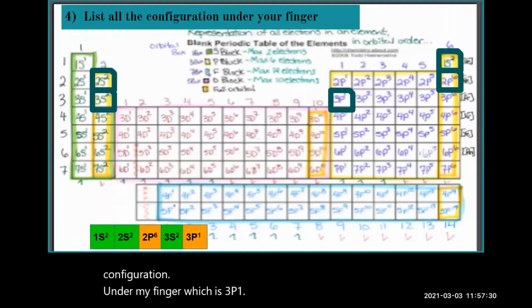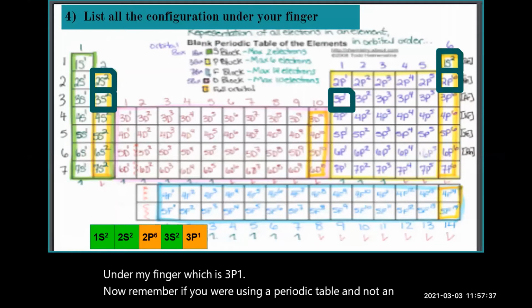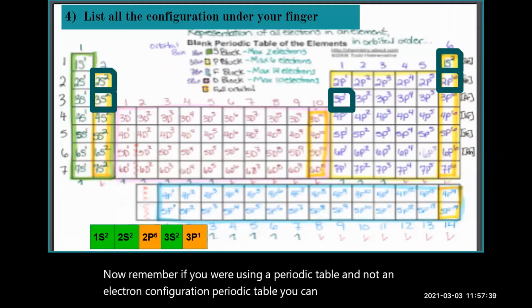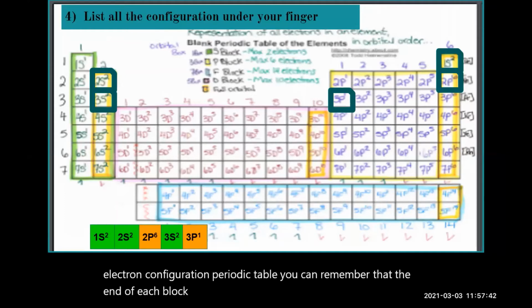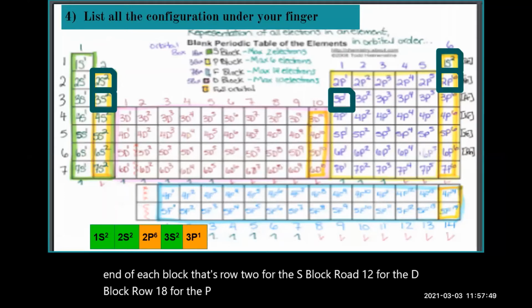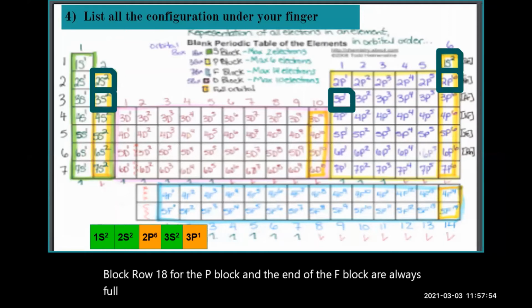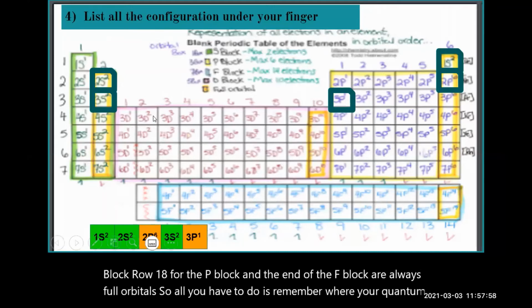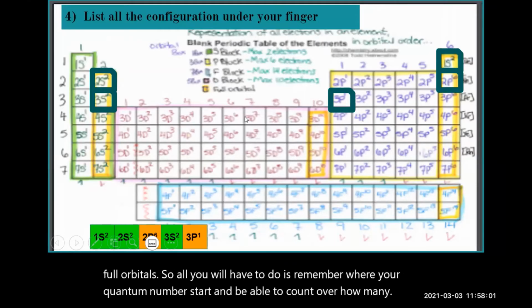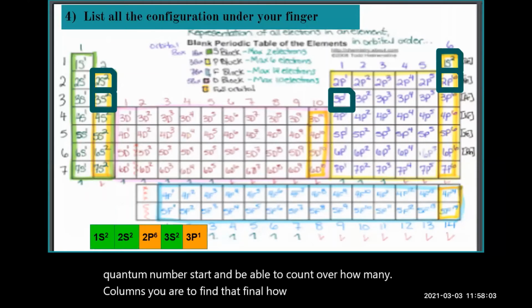Now remember, if you are using a periodic table and not an electron configuration periodic table, you can remember that the end of each block, that's column 2 for the S block, column 12 for the D block, column 18 for the P block, and the end of the F block, are always full orbitals. So all you have to do is remember where your quantum numbers start and count over how many columns you are to find how many electrons there are.